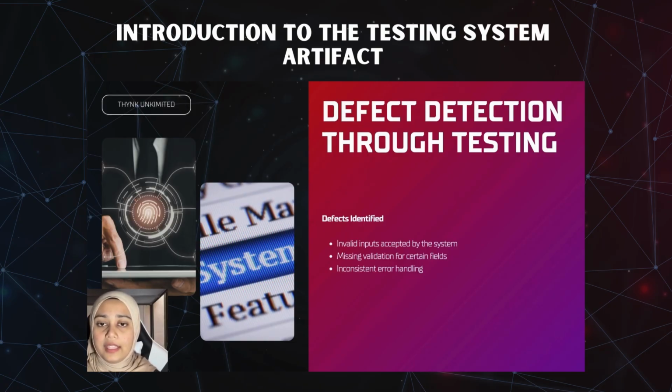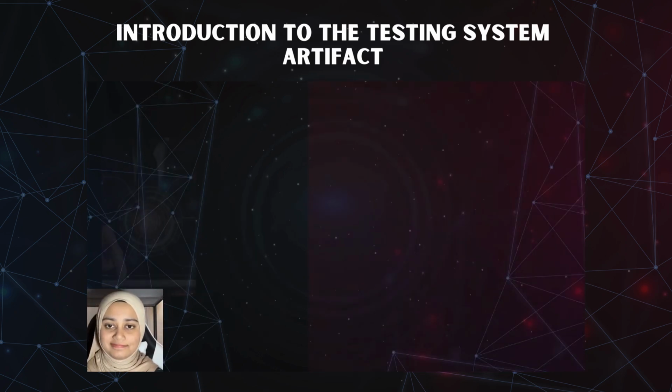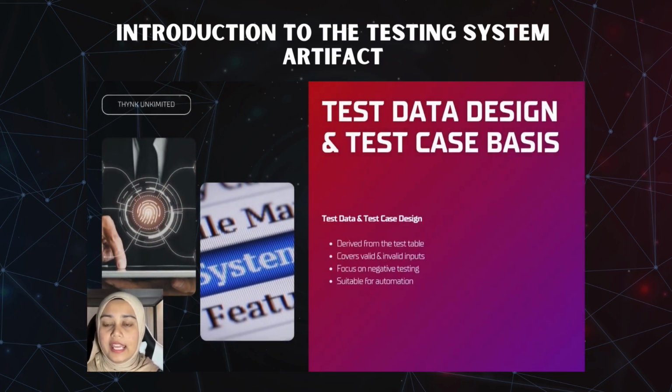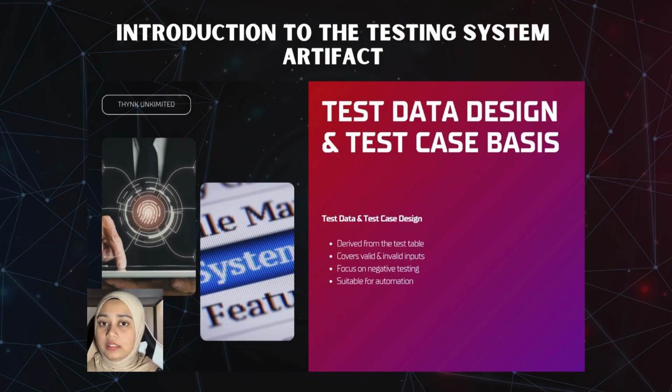Identifying this defect is important because it helps the developer to improve the system quality, strengthen input validation, and prevent potential real-world issues. Test data design and test case basis. The test case were designed based on the predefined test table. Each test case represents a specific set of test data, covering both valid and invalid input.